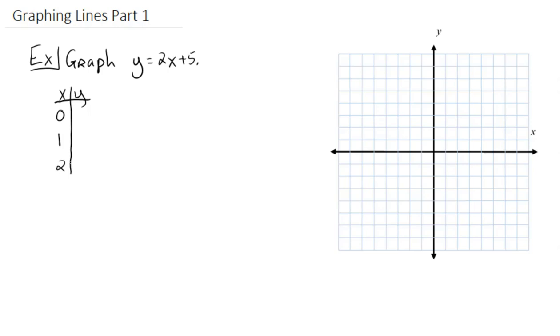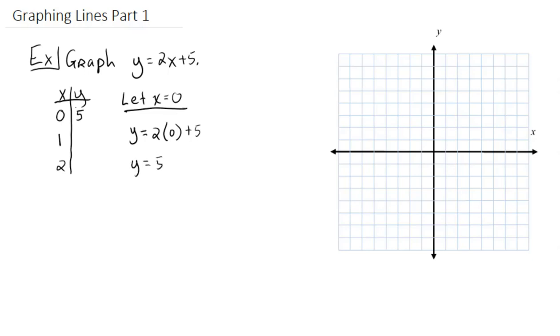So these are what I'm going to let each of my x values be, and then I'm going to plug each one of them into the equation in turn to determine what their y partner is. So if I plug a 0 in for x, I'm going to have y equals 2 times 0 plus 5. Then I just do the arithmetic, and that tells me that y equals 5.